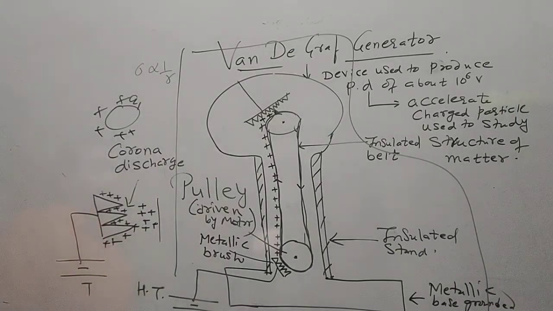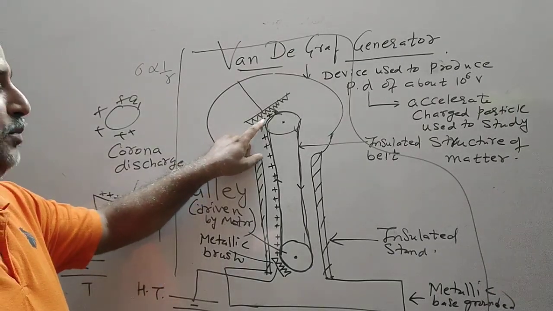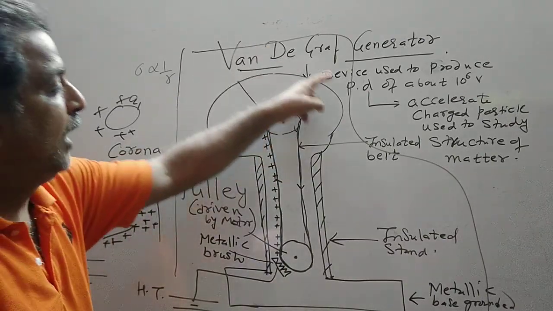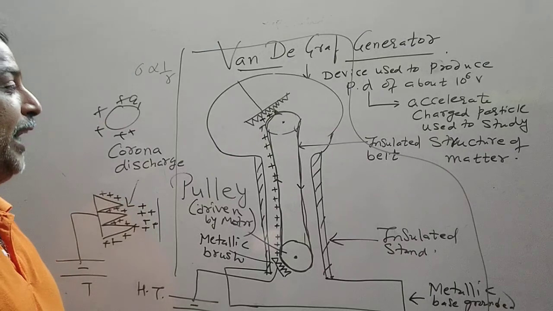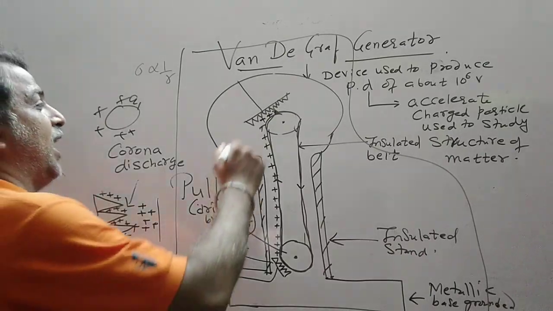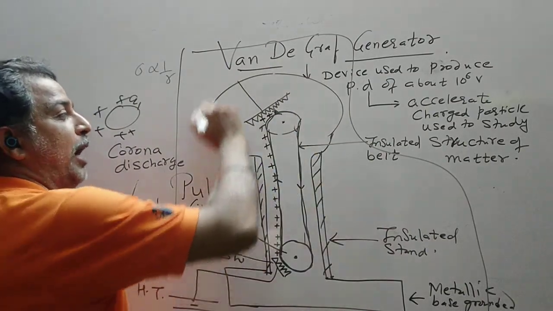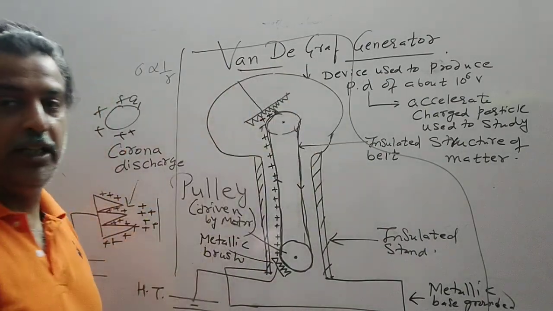Now what will happen? As soon as this positive charge comes here, its potential is more as compared to the outer sphere. So electrons will start flowing from the outer sphere to the inner sphere.